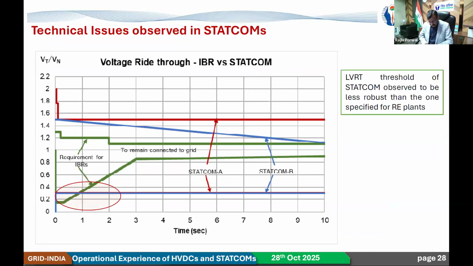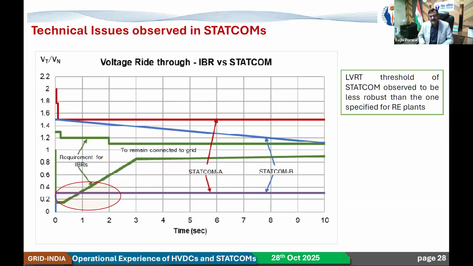And then the third issue is voltage ride through of IBR versus STATCOM. We want that IBRs should remain connected down to 0.15 per unit voltage, and there is a curve for this, which most countries would have. But the STATCOMs, at least for LVRT, will trip at 0.3 per unit voltage. So they will go out, which jeopardizes what the LVRT settings were meant for in our renewable plants.